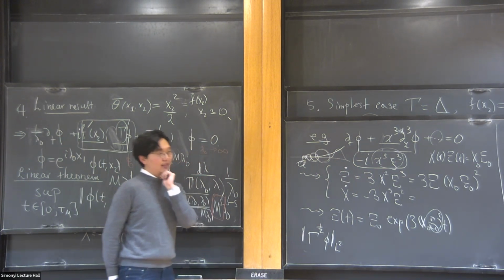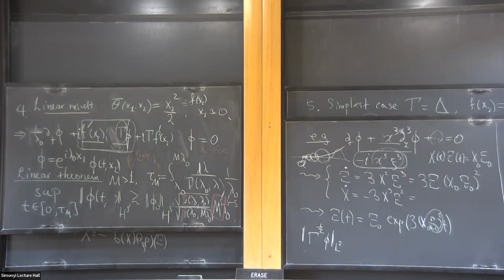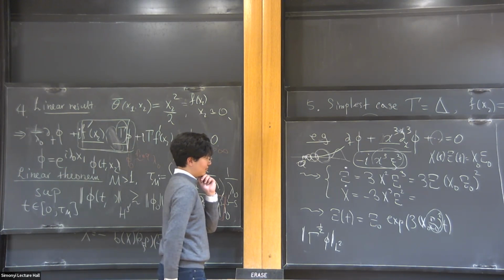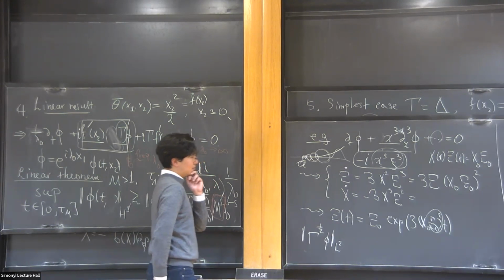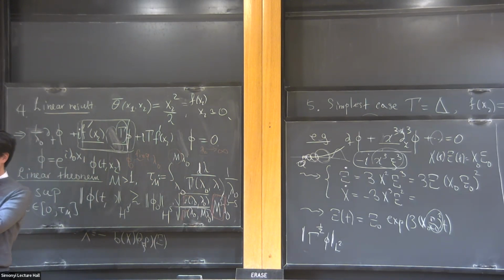That's one thing. Or also you could do it in a half line, and then you could remove the singularity. In other words, if you do it at x greater than or equal to 0 with a boundary condition, you could make it x cubed plus epsilon, and that removes the singularity.